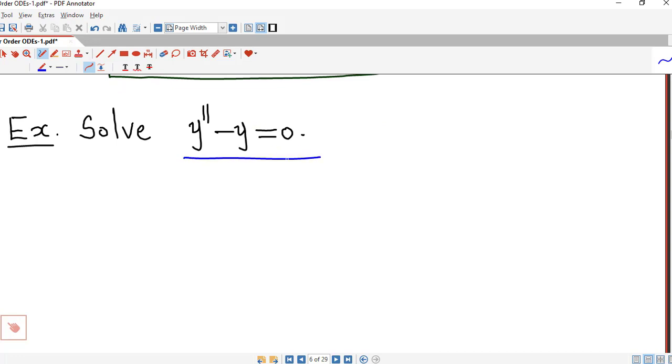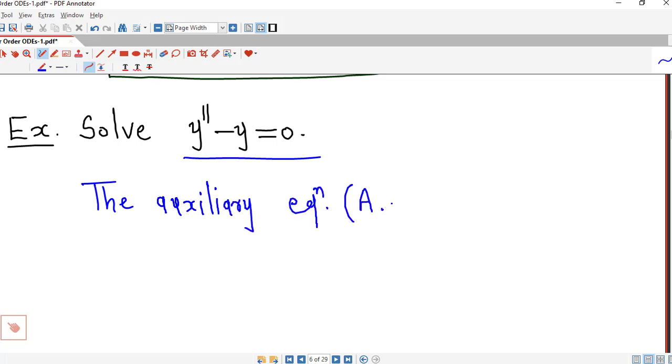So this is a homogeneous linear differential equation with constant coefficients. So the first step is we have to write down the auxiliary equation, which we can simply write as A.E. Here we replace y double dash by lambda square.